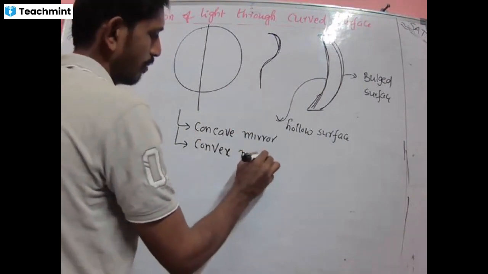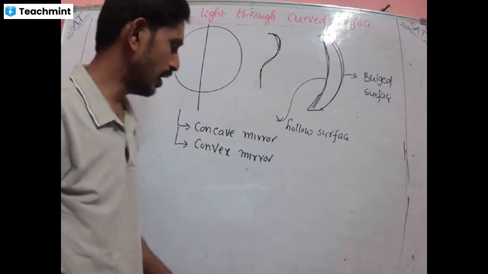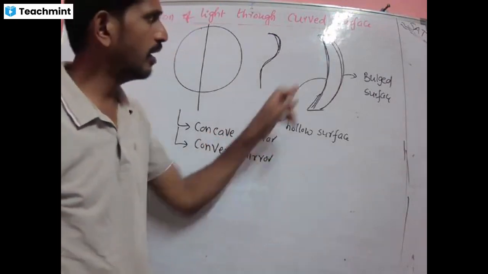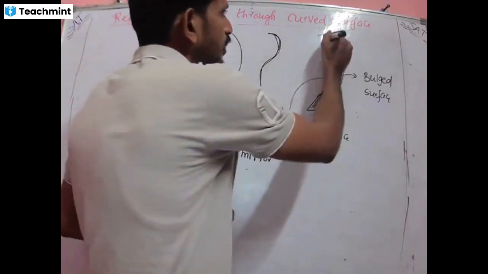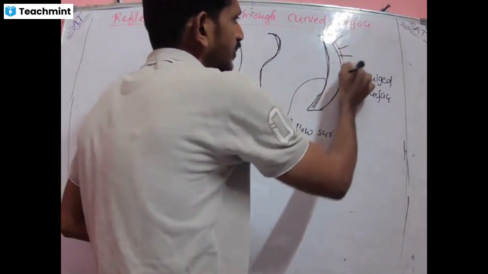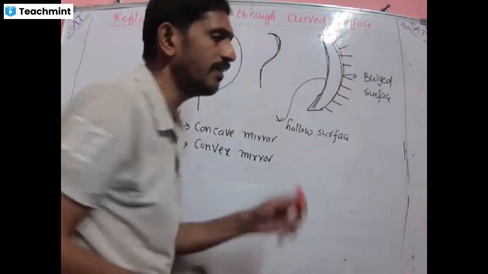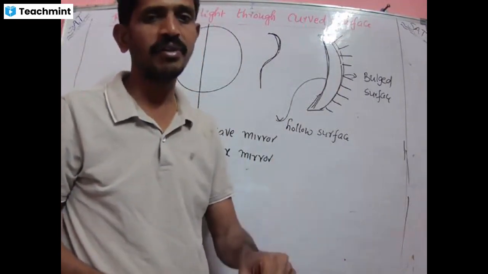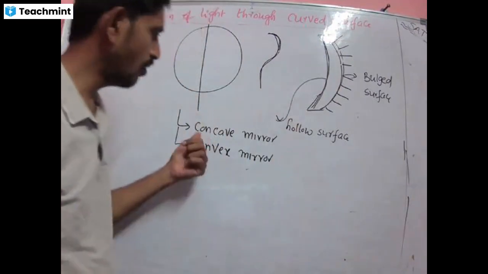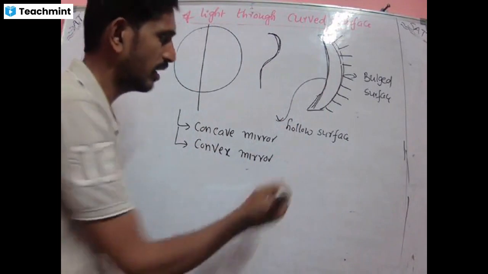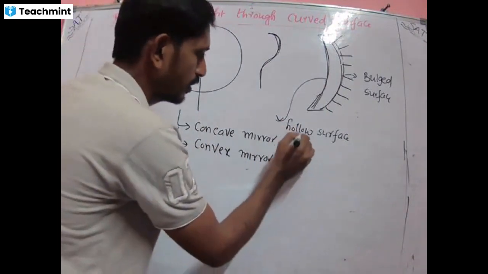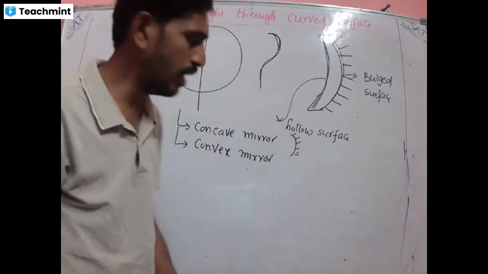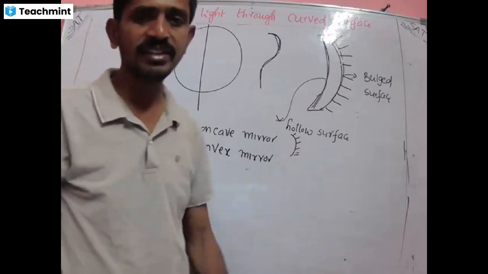Concave mirror means that if the bulged surface is silver coated, so the hollow surface is the reflecting surface, then the type of mirror is called a concave mirror. The hollow, inner surface should be the reflecting surface.